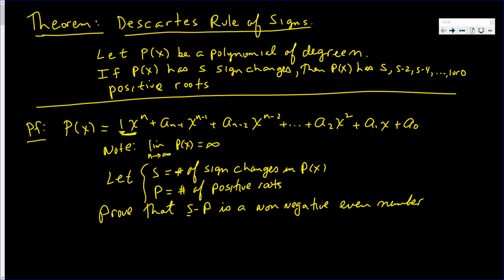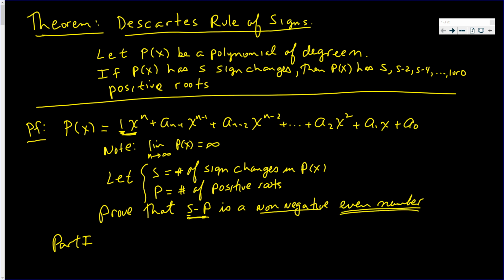That is, the number of sign changes minus the number of positive roots is even, and it's not negative. Now, we're going to do this in 2 parts. First, I'm going to prove that s minus p is even. And then in part 2, I'll show that it's greater than or equal to 0. Putting those 2 parts together, I will have established that s minus p is a non-negative even number.